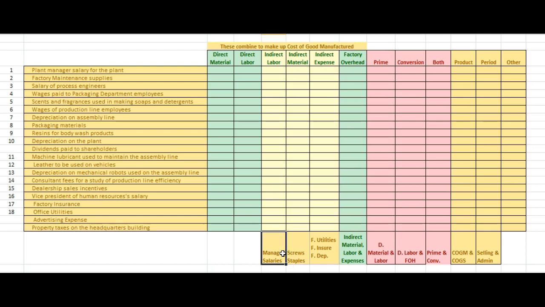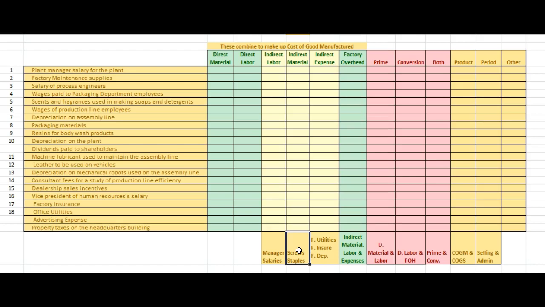Anything that's in an indirect way is associated with that production would be an indirect labor. Same thing with indirect materials. That could be screws, that could be sprinkles, that could be something that's very low in volume. And it's really hard to say I used exactly 25 sprinkles on that cupcake or whatever. That would be an indirect.